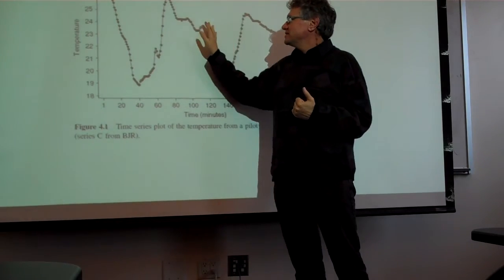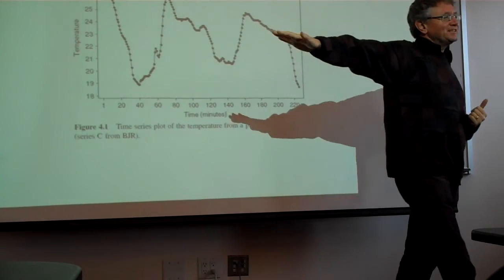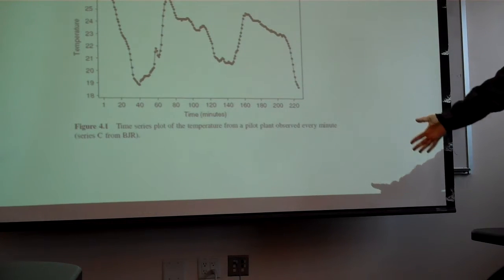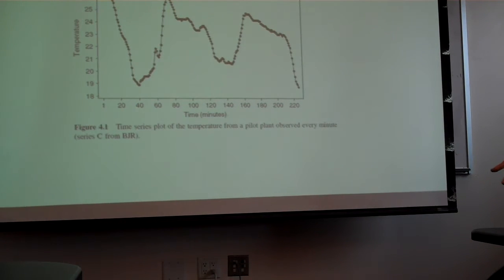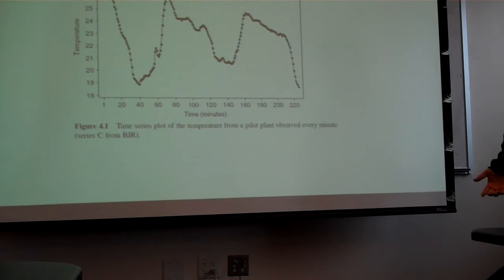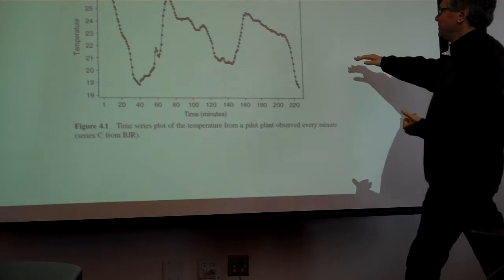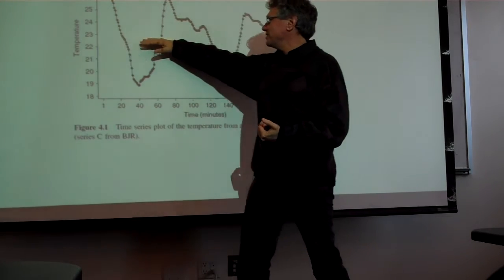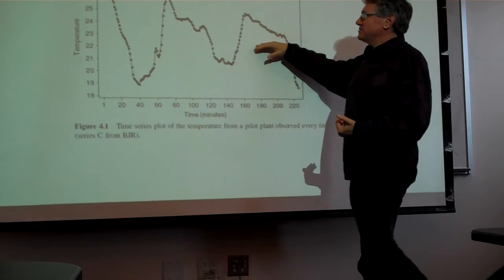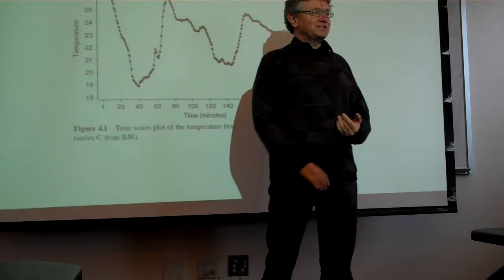So this is an interesting example. Is this time series stationary? Okay, so if you look over the long time period, it seems the averages are around the center of the picture.